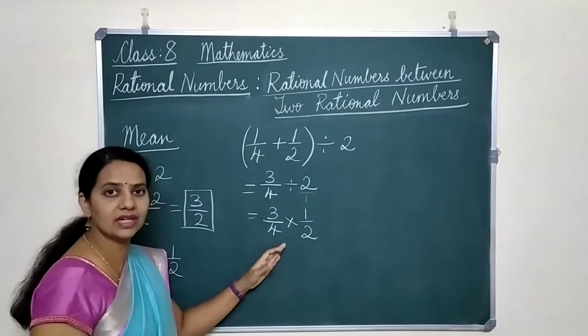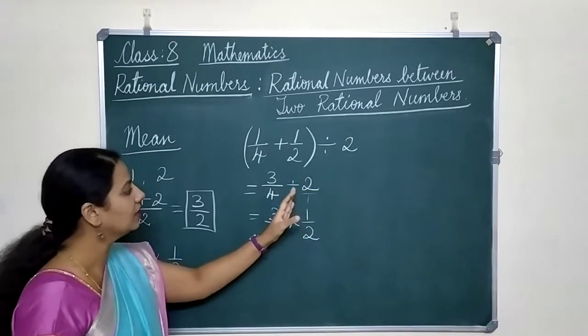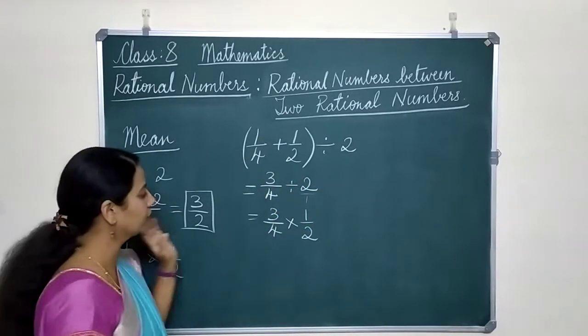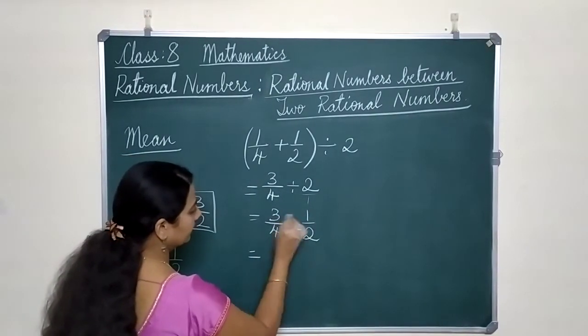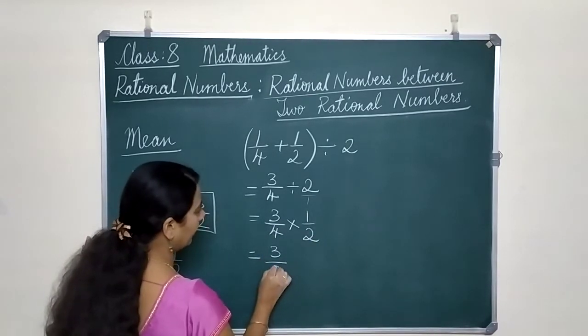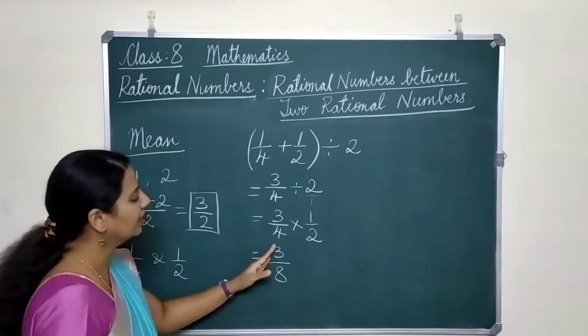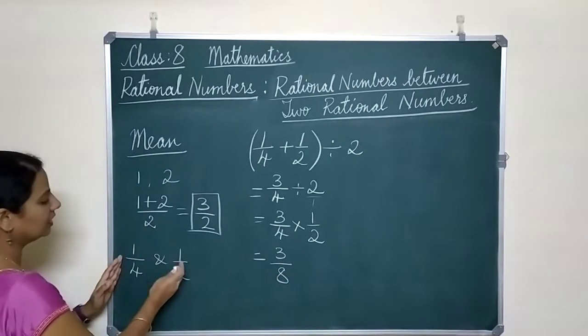Remember, we did this in the bridge course also, the reciprocal of a given number and the division of fractions. Now 3 ones are 3 and 4 twos are 8. So 3 by 8 is the required rational number which comes in between these two.